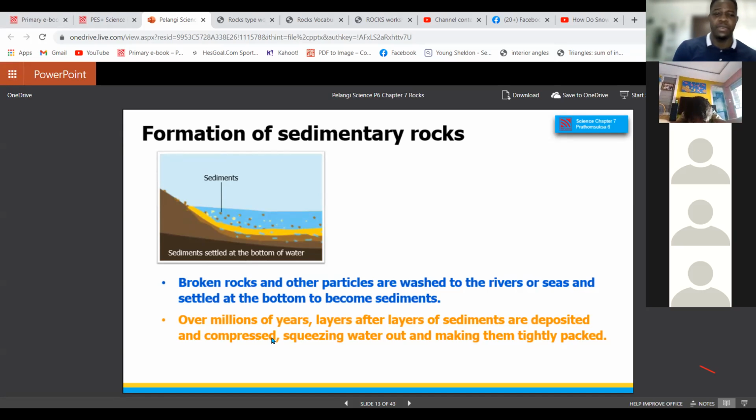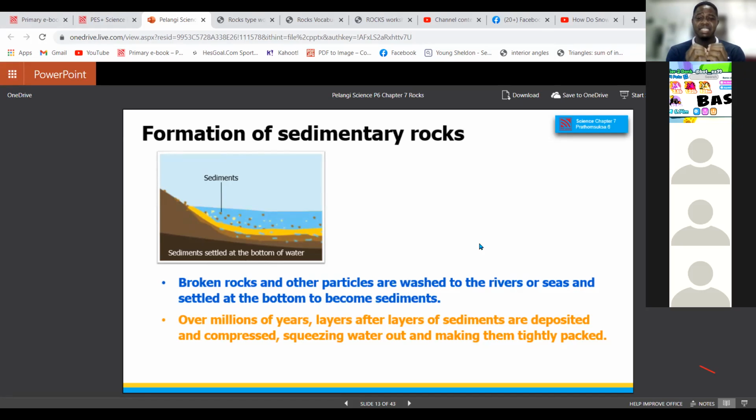Okay, so it says here, the broken rocks and other particles are washed to the river or sea and settled at the bottom to become sediments. Remember in the last class, we talked about sediments, right? We said sediments are those little particles from a big rock that breaks down into pieces.